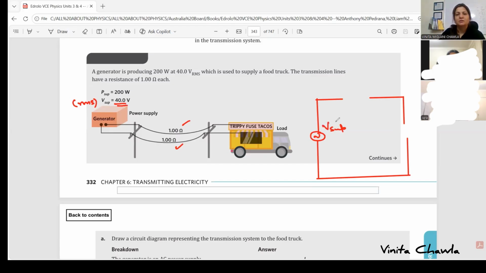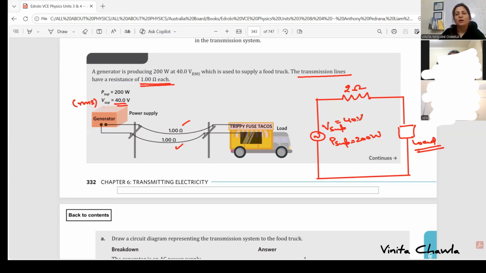It's 40 volt, and power supply is 200 watt. And this is the resistance. We have two transmission lines with a resistance of 1 ohm each, so we can collectively write them as 2 ohm. And we are going to collect this voltage across the load. We can write load here.